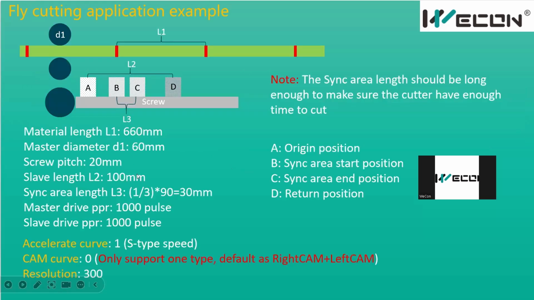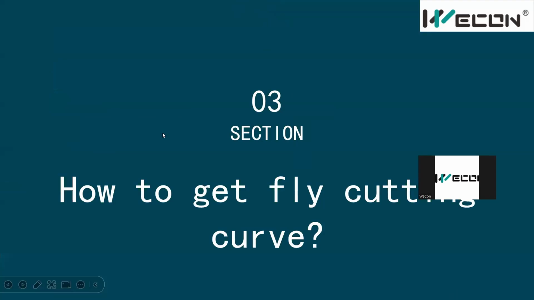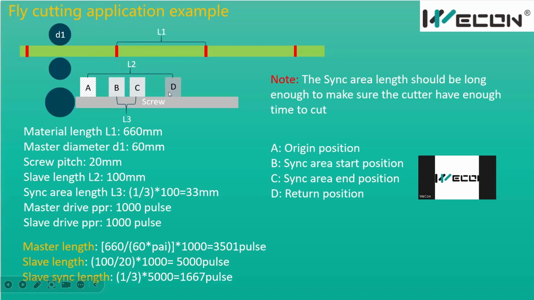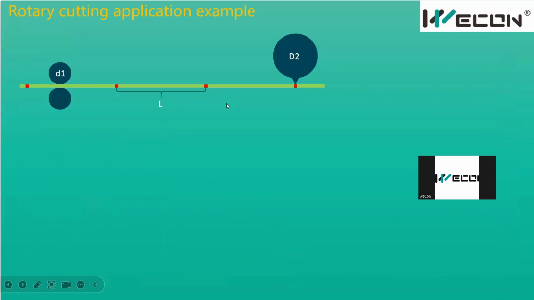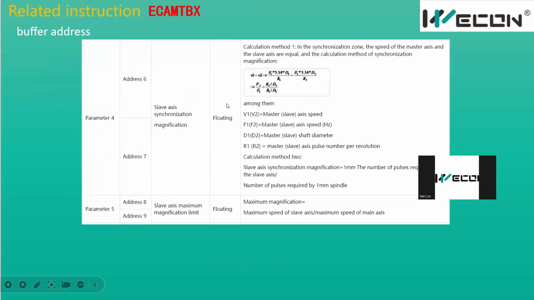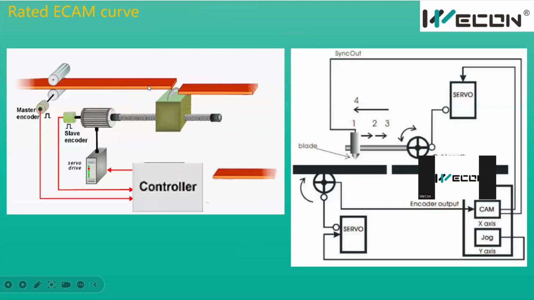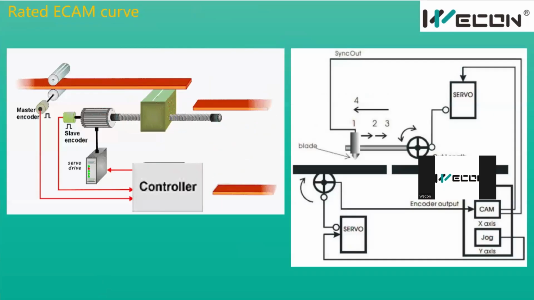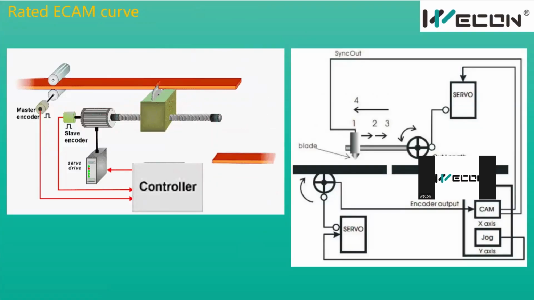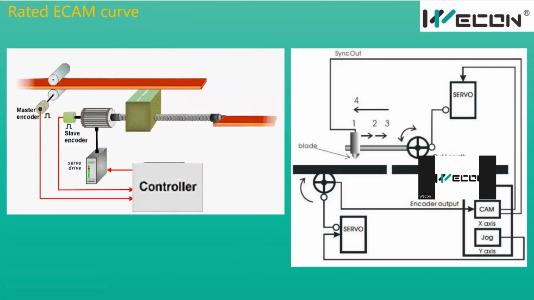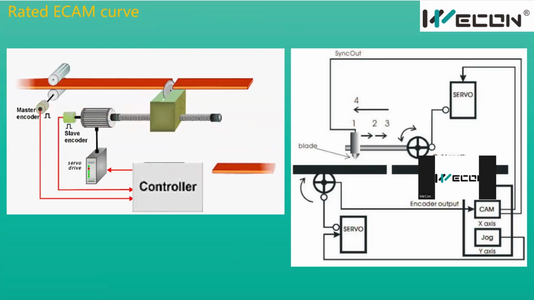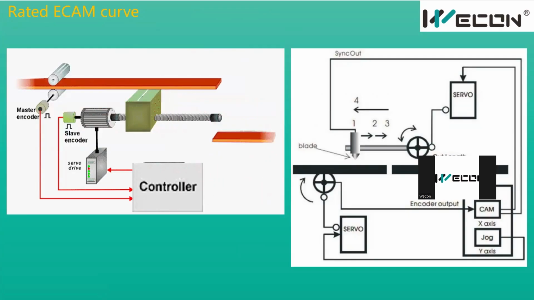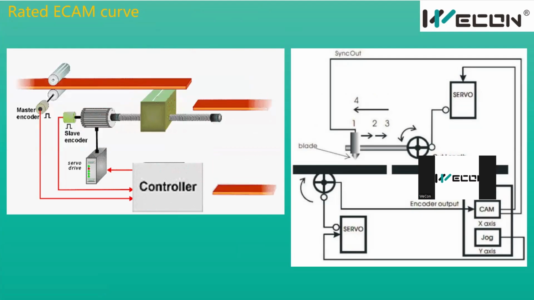Let's go back to here, because for frying cutting, here we must have enough time for our cutter to go up and go down, right? For example, this time may be 1 second or 2 seconds. This time we can't change it.